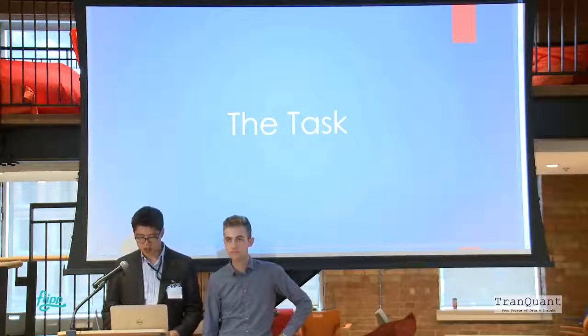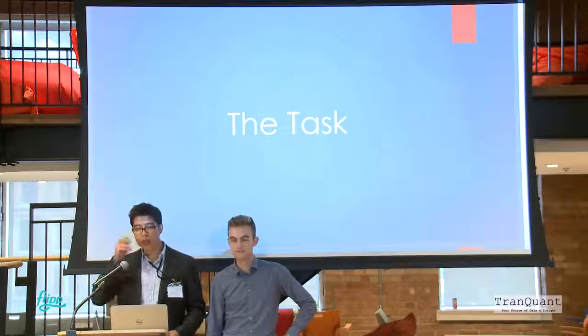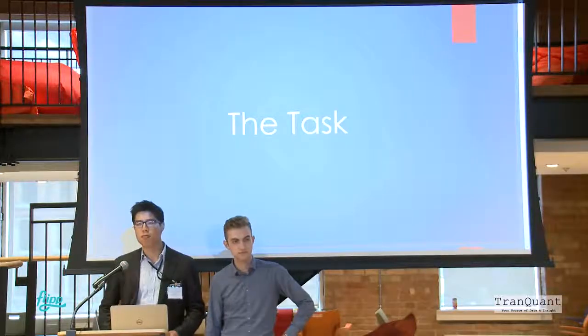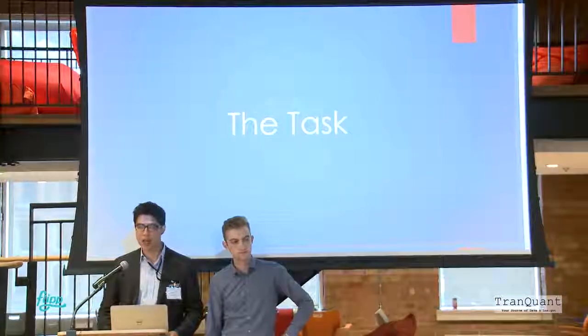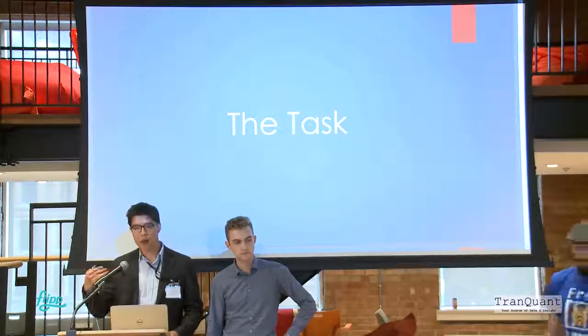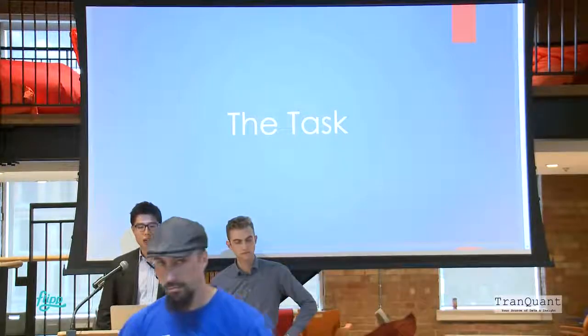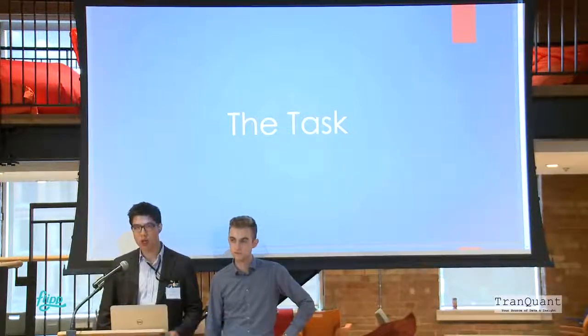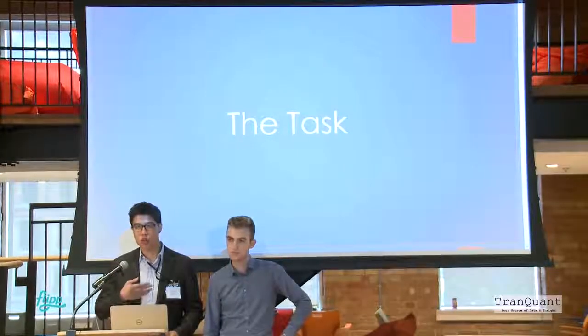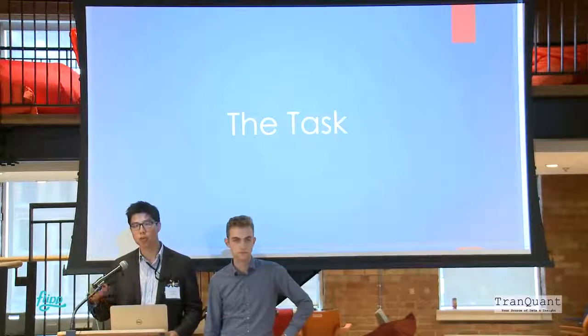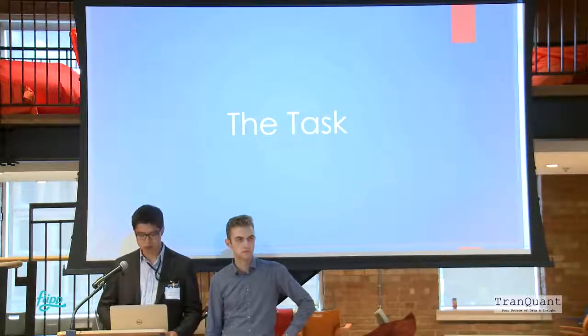The task stated in Challenge 2 was to determine the optimal placements of map boards for cultural centers in the city of Toronto. We were given a data set of about 1,300 cultural centers all over Toronto, and the challenge required us to determine the optimal locations to place the maps.